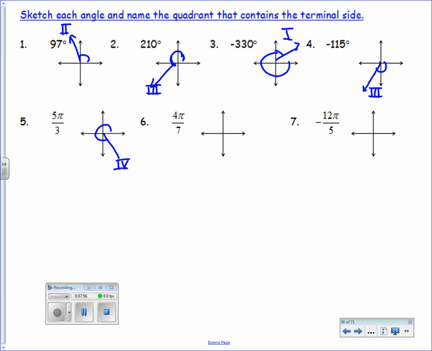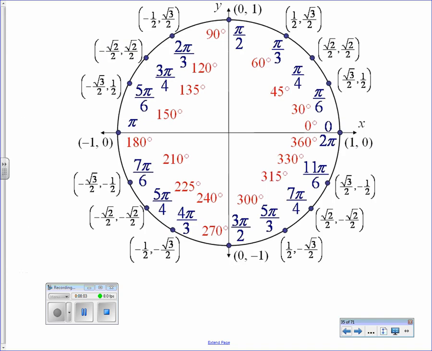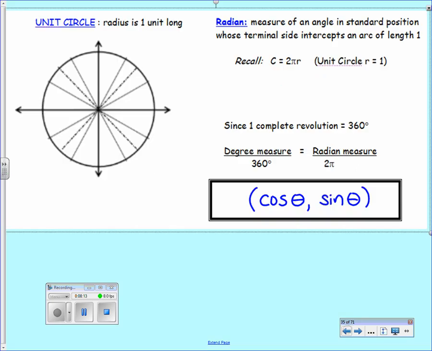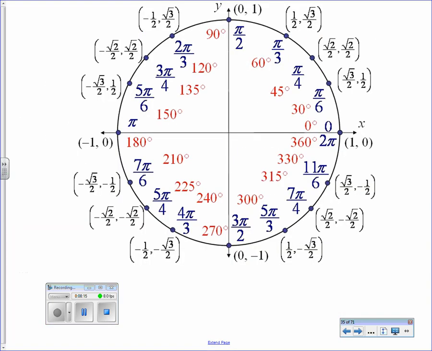If we do 4 pi over 7, we can definitely check our chart. That one is not necessarily on our chart, but if you look at what we have on the chart here, this is pi, and it's cut in such a way that this is going to be a certain value.